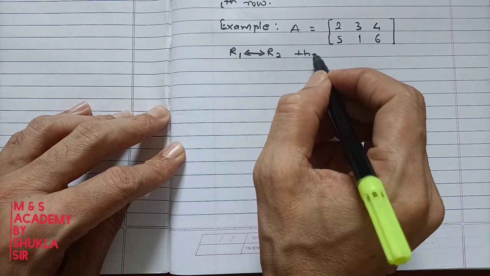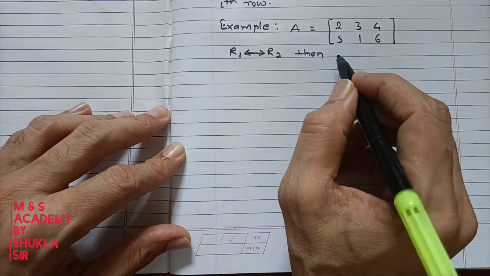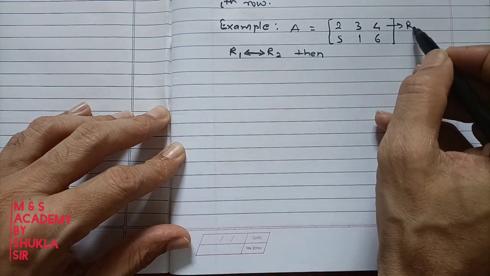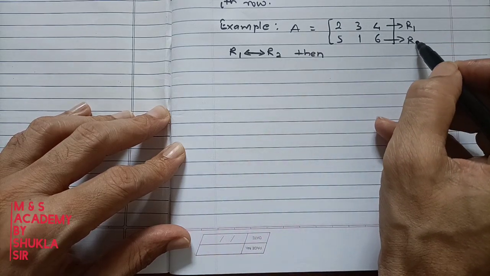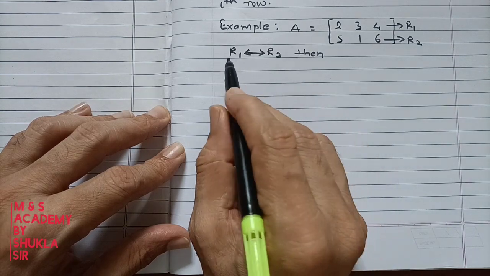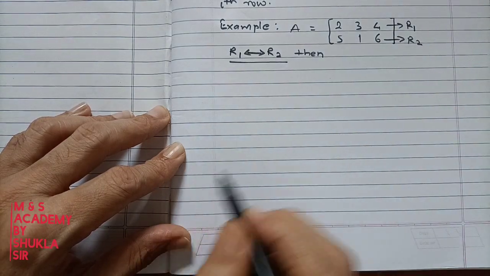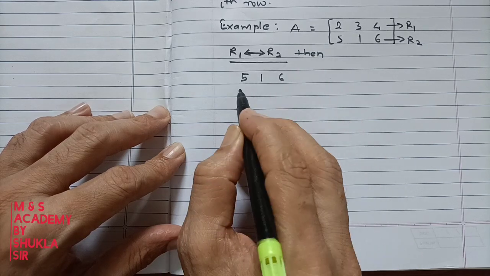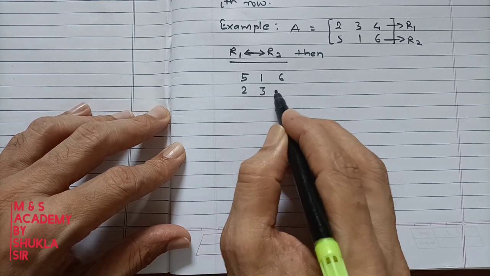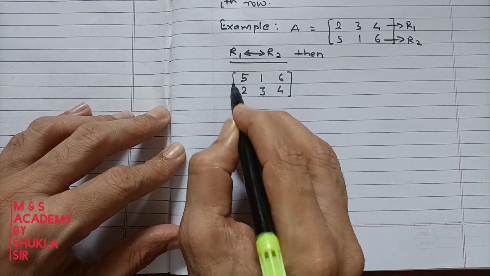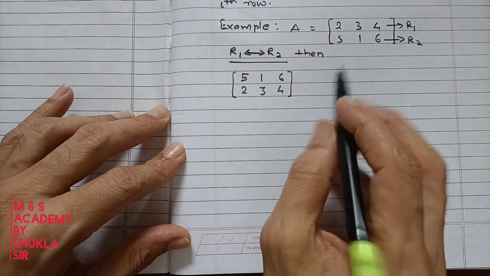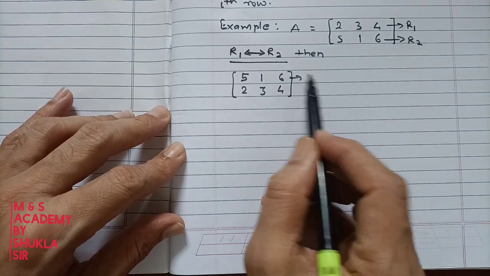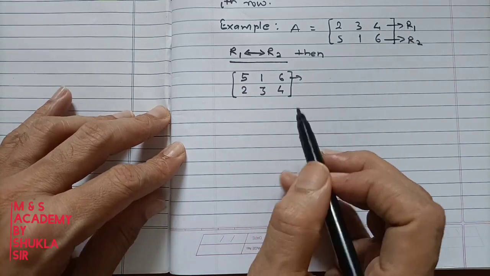Then we will write, this is our R1, this one is R2. So after this operation we'll write 5, 1, 6, 2, 3, 4. That is the R1 interchange with R2. Now this one becomes my R1 and this is R2.